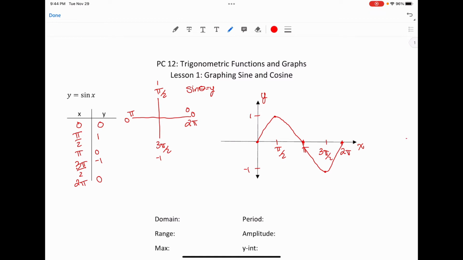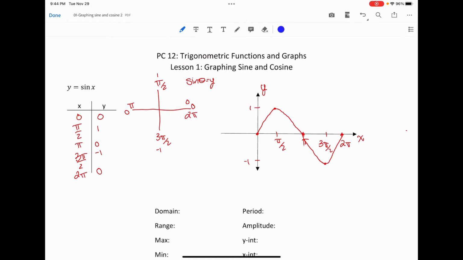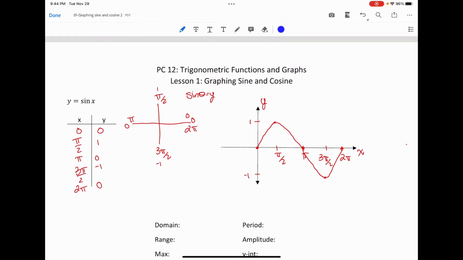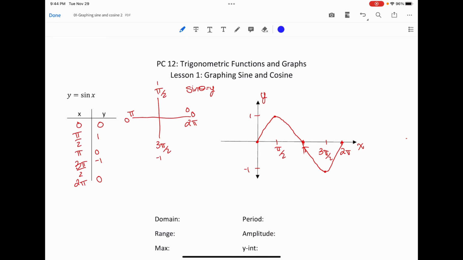As we continue to go around the circle, it will continue on. So just to give you a sense here, I'll highlight this part of the wave. Between 0 and pi over 2, that corresponds with quadrant 1, and sine is positive.